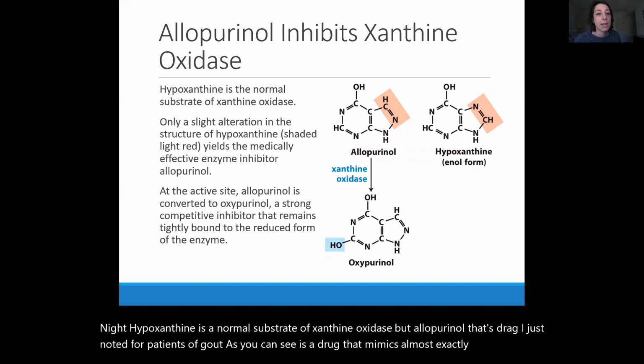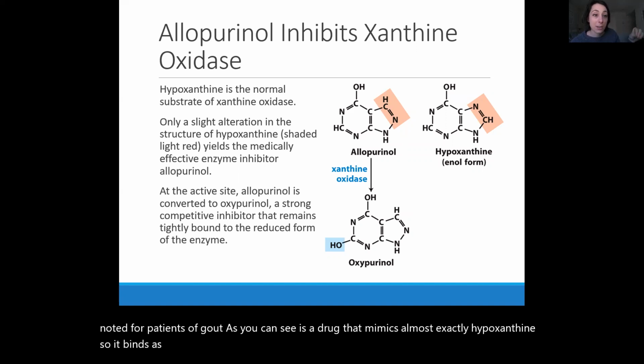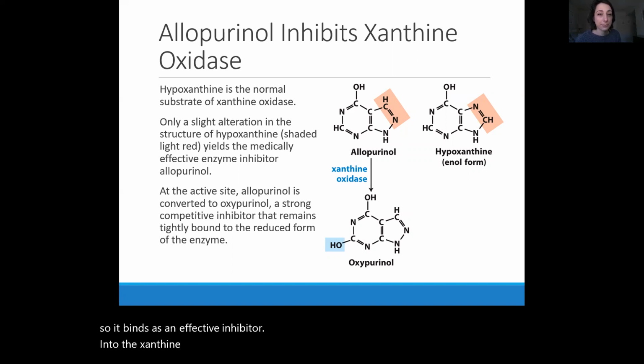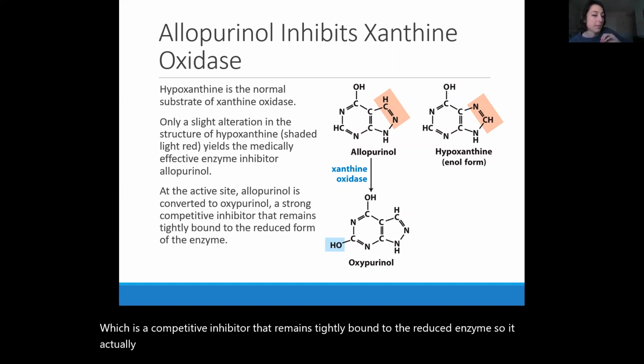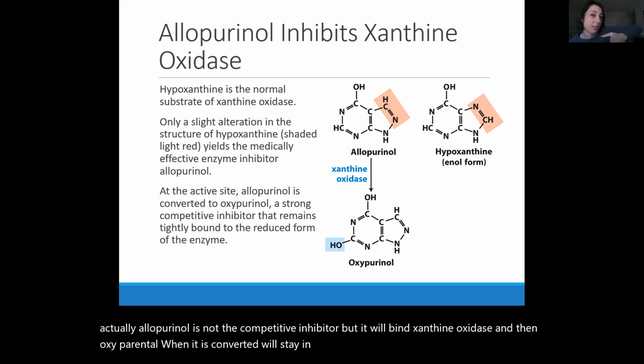So it binds as an effective inhibitor into the xanthine oxidase enzyme and is instead converted into oxypurinol, which is a competitive inhibitor that remains tightly bound to the reduced enzyme. Allopurinol itself is not the competitive inhibitor, but it will bind xanthine oxidase, and then oxypurinol, when it is converted, will stay in the xanthine oxidase after it's converted inside.